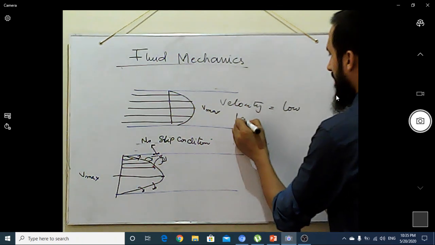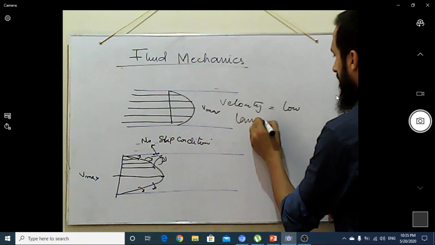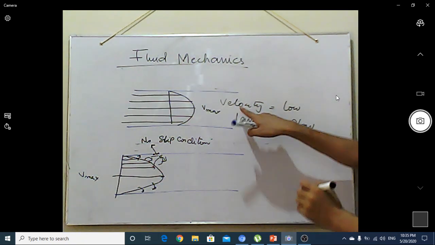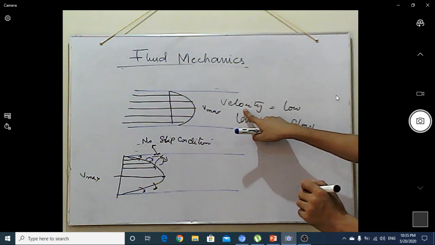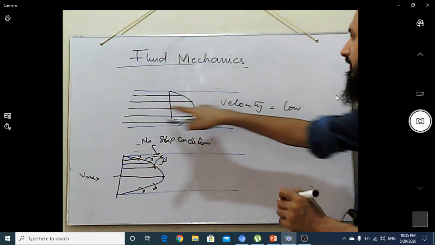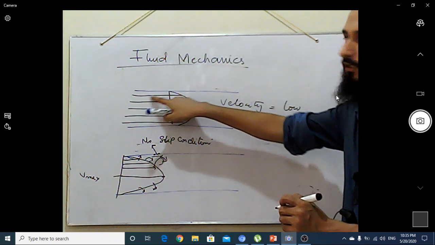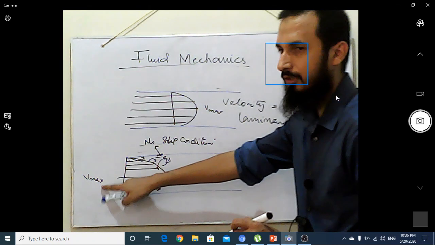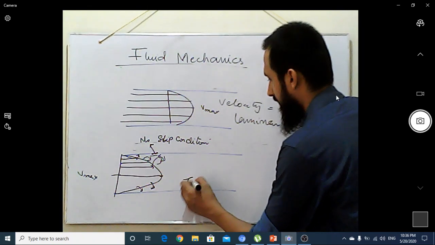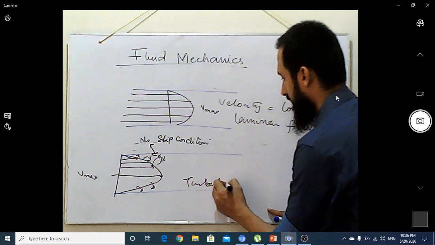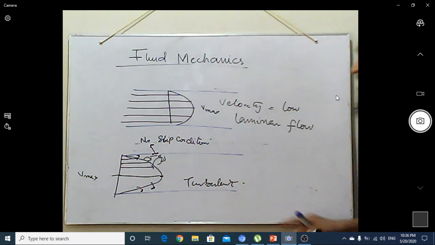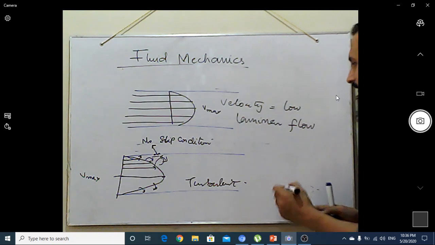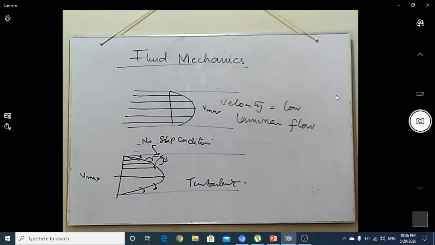This is laminar flow, which has low velocity and moves in the form of layers without disturbing another layer. On the other hand, when the velocity is much higher, this is turbulent, and rotational flow can be seen.